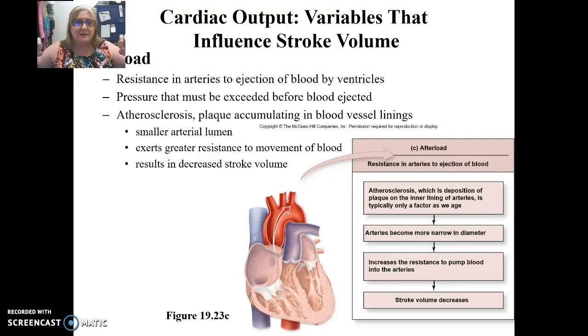If the lumens of the arteries are very small because you have buildup of plaque, cholesterol, fatty tissues, that's going to cause the heart not to be able to push as much fluid out. And on the opposite side, the larger the lumen, the less pressure the arteries will have, and the more blood that can flow out.